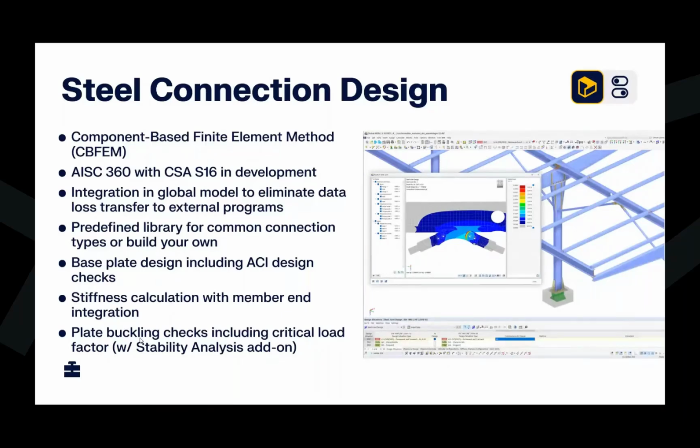And with the click of a button, we can actually export out the stiffness to the member end condition. So therefore, when we're designing our member, we're taking into account the true stiffness of the connection with that K value, rather than considering it fully pinned or fully rigid, but taking into account the calculation from the steel joints with that stiffness.